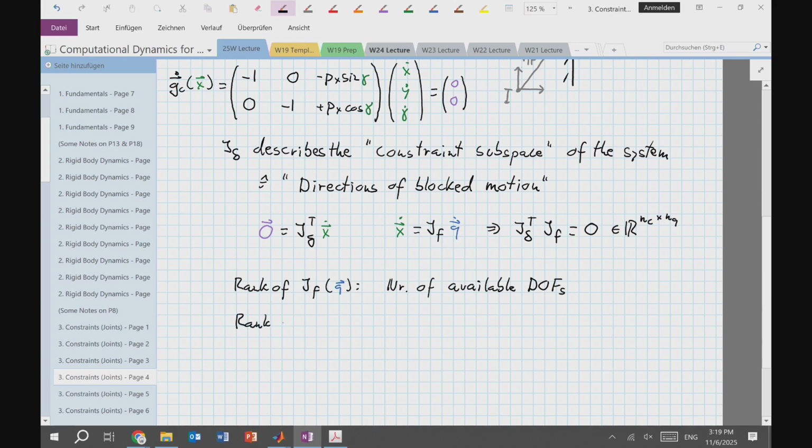The rank of JG of X is the number of independent constraints.